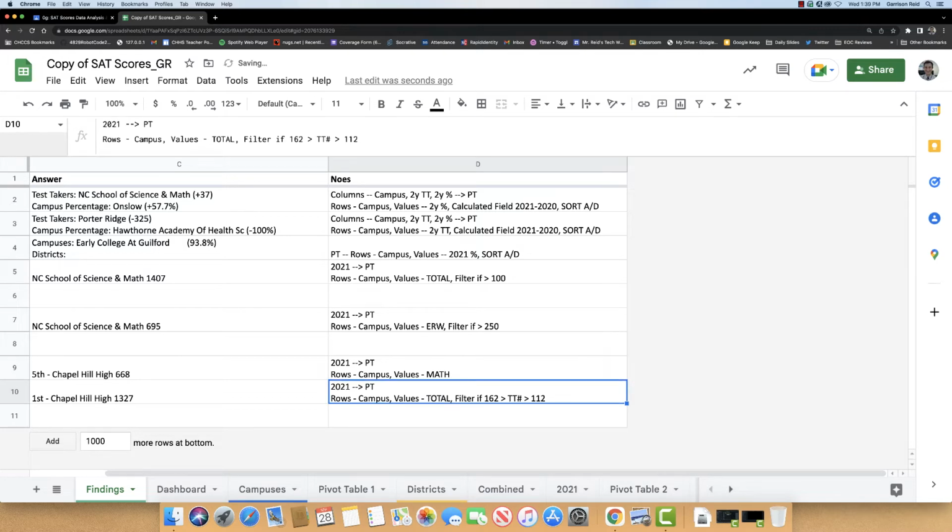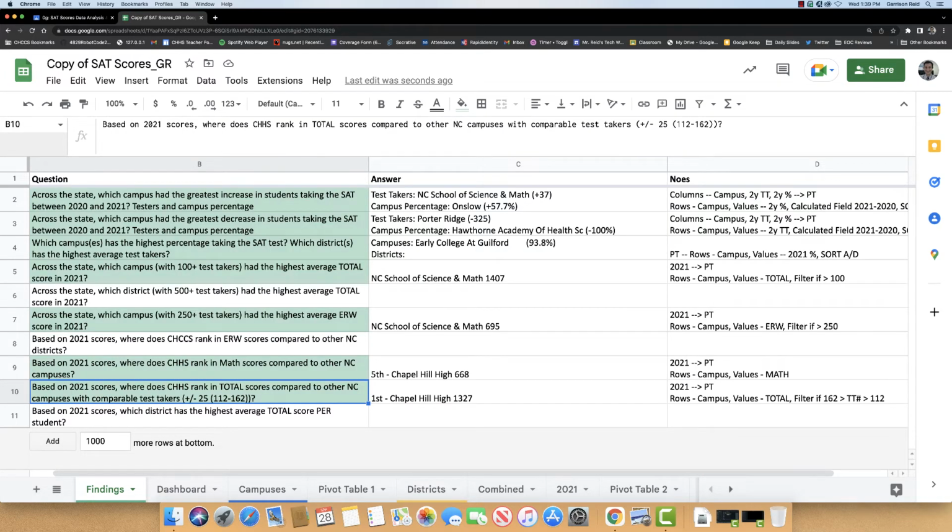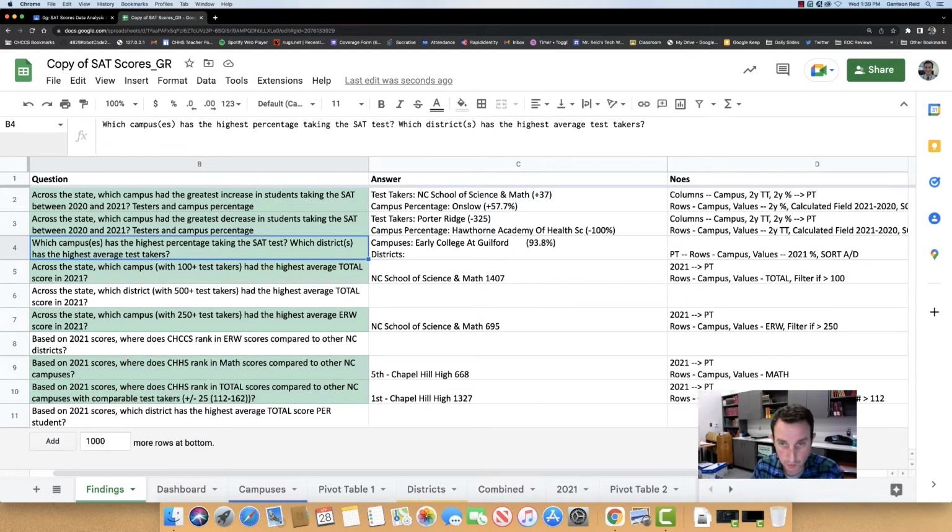Again, that's plus or minus 25 from the number of students Chapel Hill had. So comparable populations, or at least comparable testing numbers. So that was the questions that all related to our campuses. Let's take a moment there. That's where we ended for day one.